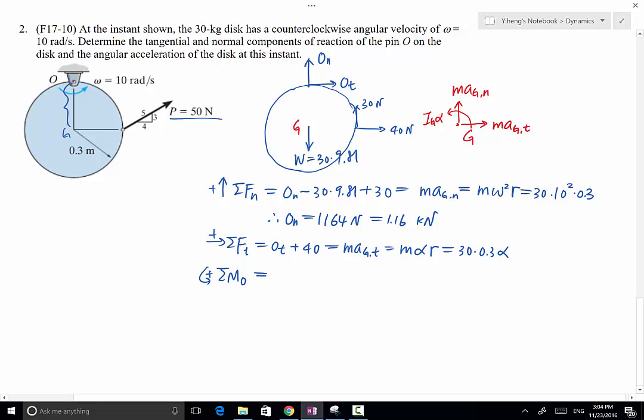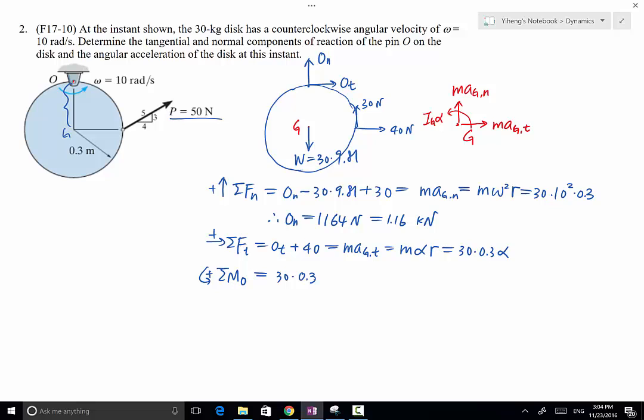So the weight force also has its line of action passing through point O, therefore the weight does not have moment about point O. So we have the 30 Newton force with counterclockwise rotation, and the moment arm is 0.3. And we also have the 40 Newton force.